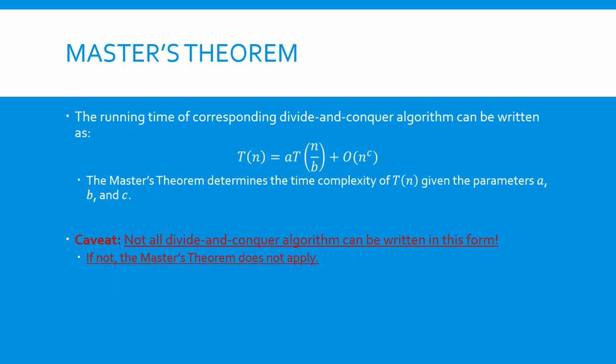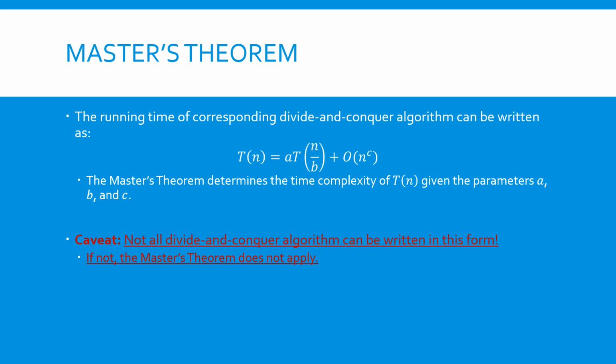As a result, we can express the running time T(n) for solving a size n instance of the problem as follows. T(n) equals A times T(n/B) plus O(n^C). Here, the first term, A times T(n/B), corresponds to the time required for the recursion calls. This is because each subproblem is B times smaller than the original problem and has a size of n/B.